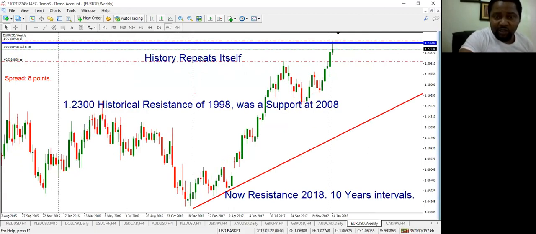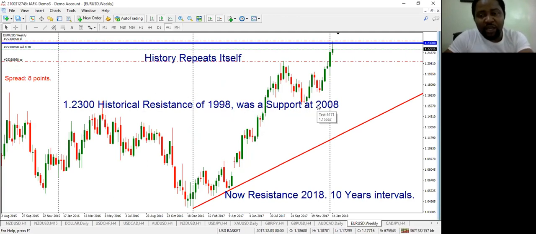We had it that history repeats itself. We had 1.2300 as a historical resistance of 1998. During the global economic recession, it was 1.2300 that rescued us as a support. This was 1998.